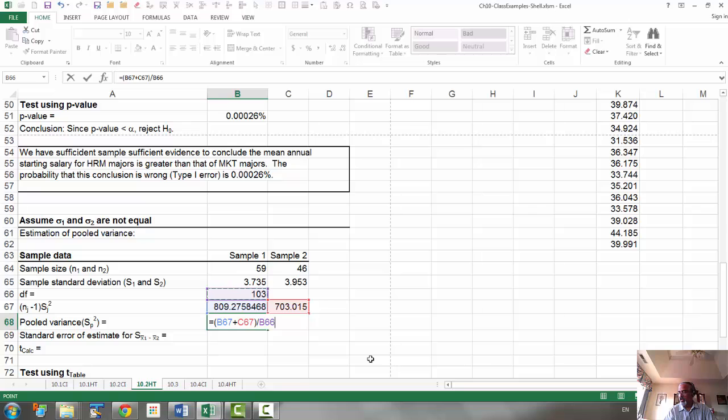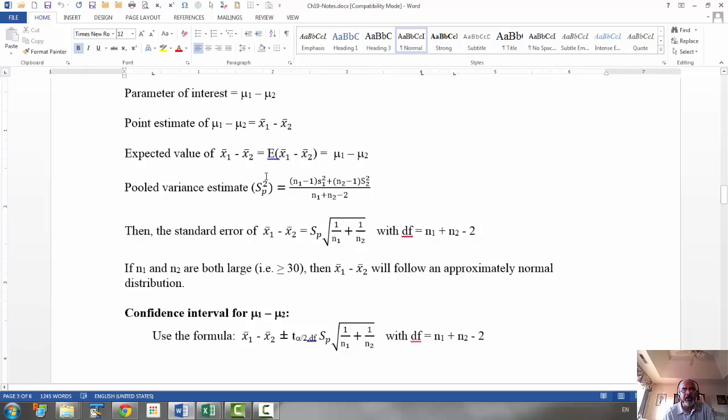If you look at the formula, you'd see that that's what it is. Here is the formula: the first sample and the second sample, then divide by the degrees of freedom. Once you find the pooled variance estimate, we can compute the standard error by taking the square root of the variance and then multiplying by this factor, which is what we're going to do now.